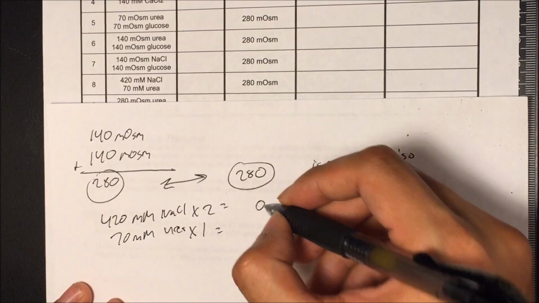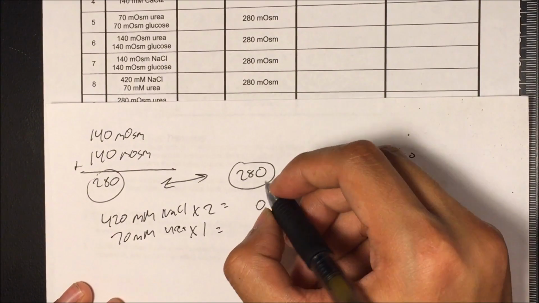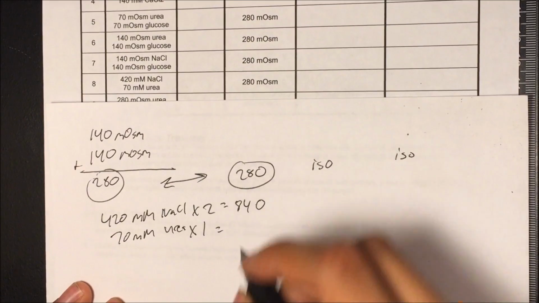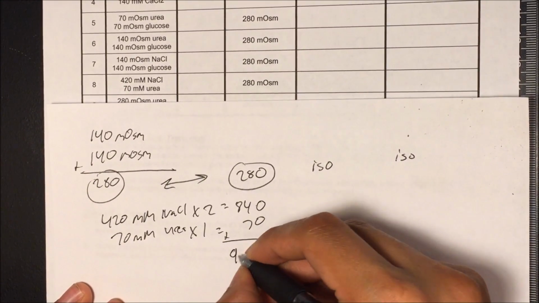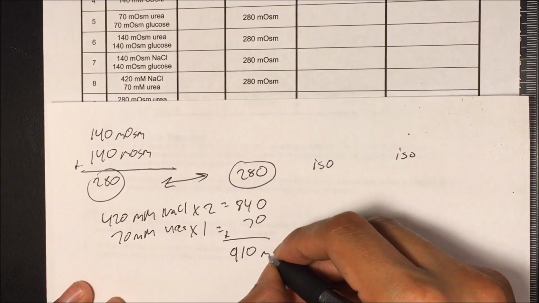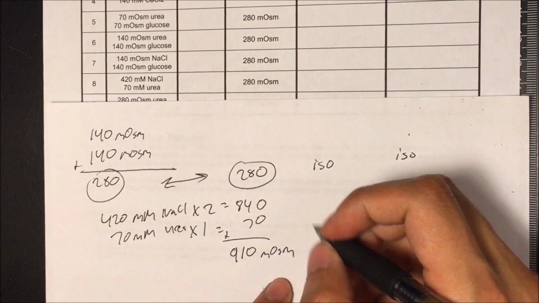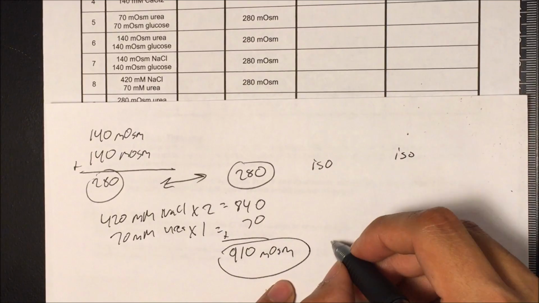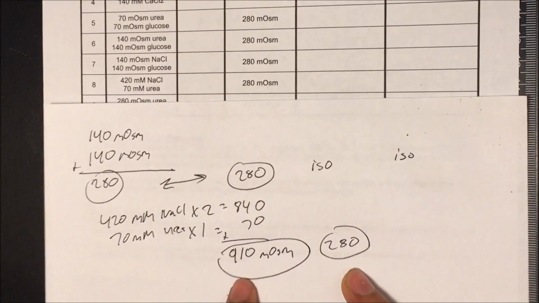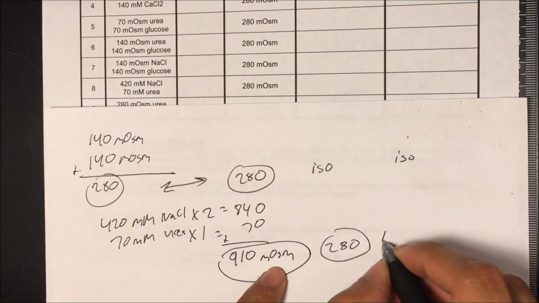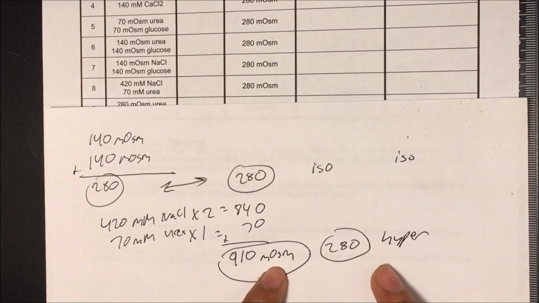So 420 times 2, that's 840, and 70. And we add them together at the end, making 910 milliosmoles. And we compare that to 280 of the red blood cell. So since we have more outside than inside, this will be hyperosmotic.